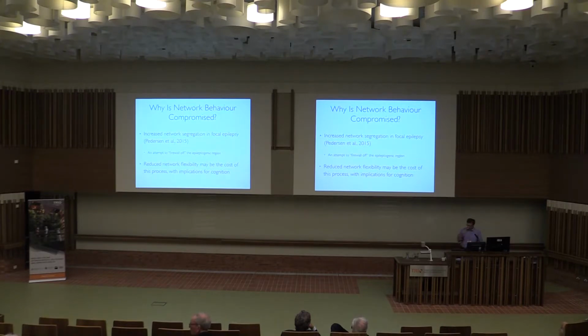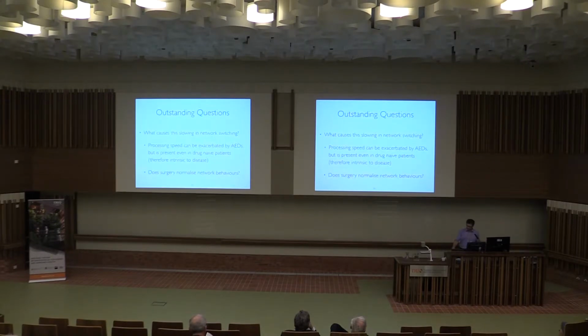Now, the cost of such constraining of activity or firewalling of activity may actually be detrimental effects on cognition. So in attempting to constrain the spread of epileptic activity, we're also limiting the ability of the brain to modulate networks in a task-dependent manner in support of cognition.